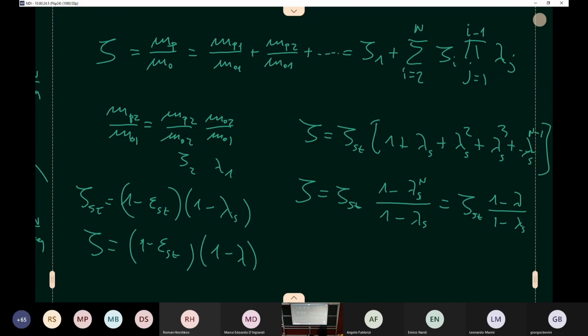but with a larger lambda, which is the overall lambda. And so we see that in this case, this ratio does not depend on n, provided that the stages are similar.